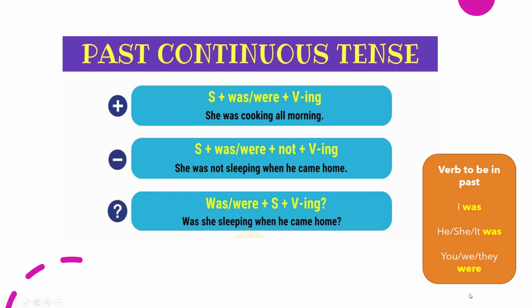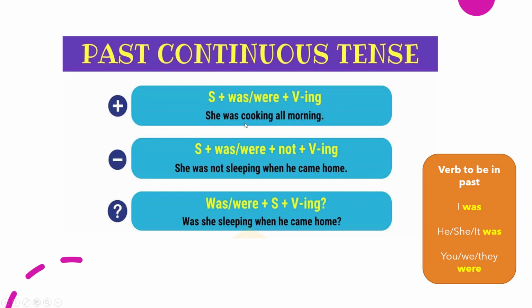In affirmative form, we're going to use the subject first, then, instead of am, are, and is, we're going to use the verb to be in past, was and were, and the verb with the ing form plus the complement.